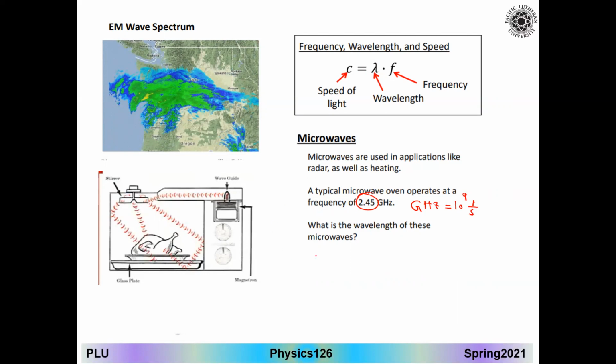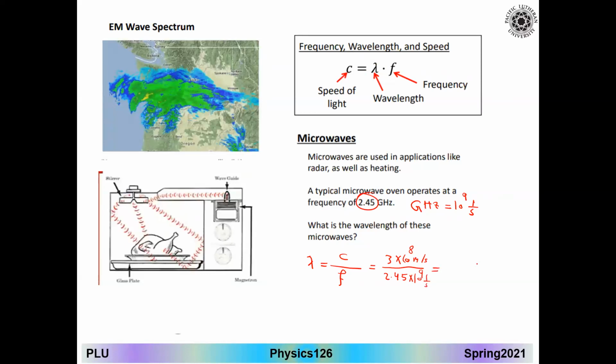So I can find out how much the wavelength we have in that case. Speed of light divided by the frequency of the wave. We have meter per second and divide by 2.45 power to the 9 hertz.